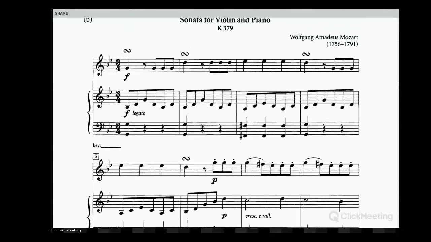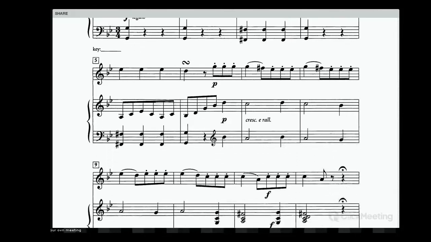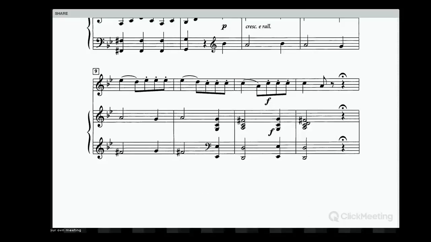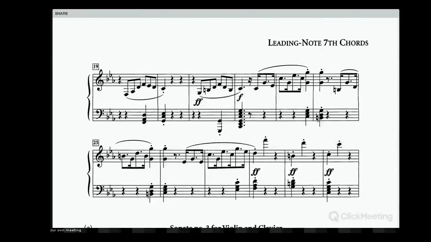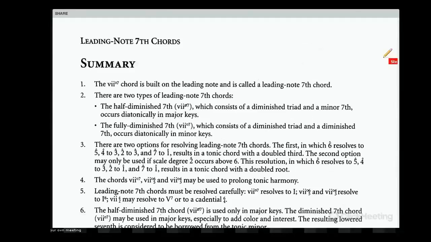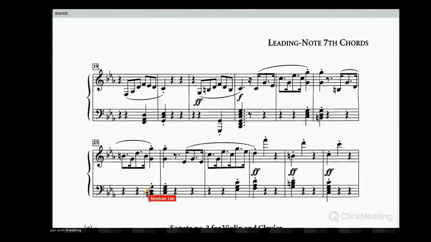It's always important to do the analysis questions. Right? But again, recognize when you might have a diminished seventh chord. Always look at the root of the chord. If the root is a leading note and it's a seventh chord, then you've got either a diminished seventh or a half diminished seventh. Right? So it's really just adding that chord to our vocabulary. And that's really all there is to it.